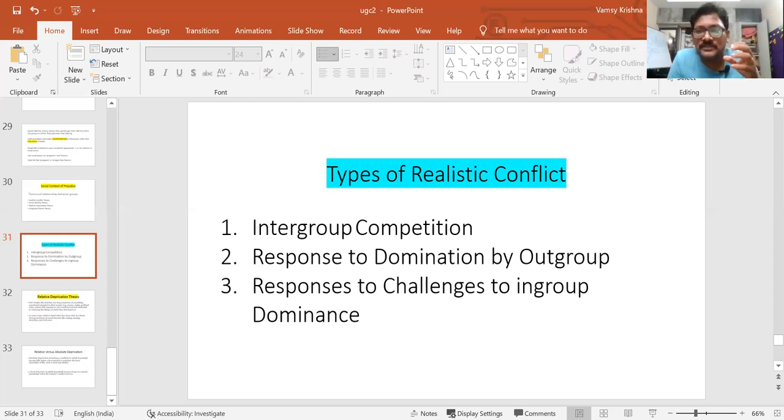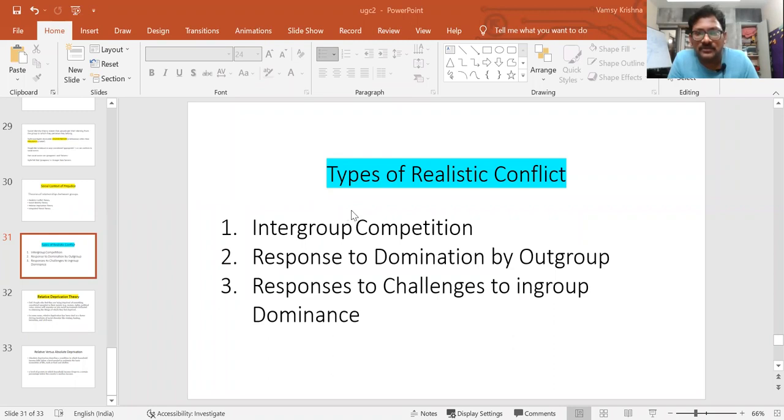The in-group should see the challenges as justified, so that this response towards in-group dominance would actually create a certain type of competition within the group itself. So in this way, we could understand the types of realistic conflict.